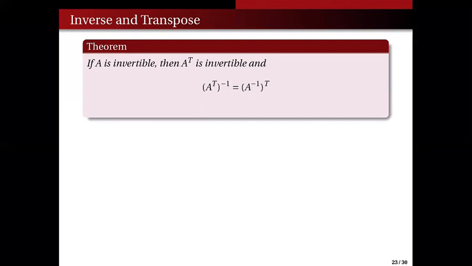You have A, you transpose it, you get the inverse, you will get some matrix. That matrix will be equal to: you have A, you get the inverse first, and then you transpose. So A transpose inverse is equal to A inverse transpose.